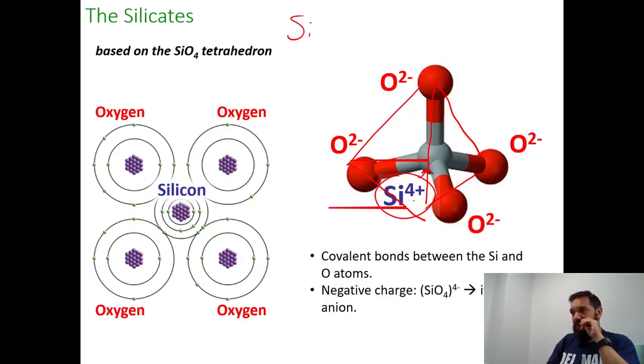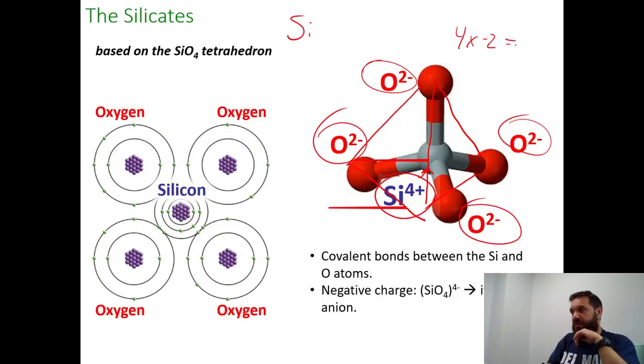So silicon 4 plus, and then we have 4 oxygens around it, these 4. So 4 times -2 for the oxygens, a -2 charge on each oxygen, equals -8. 1 silicon times plus 4 equals plus 4. If we add these together, you see that we get a net charge of negative 4.